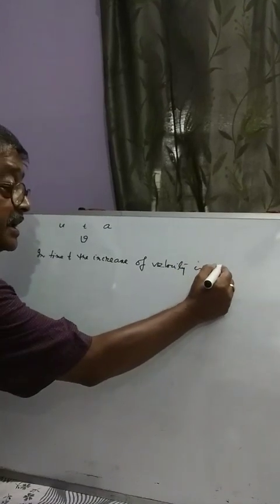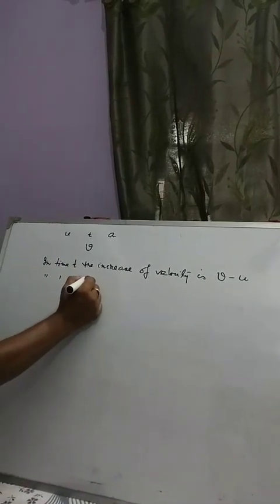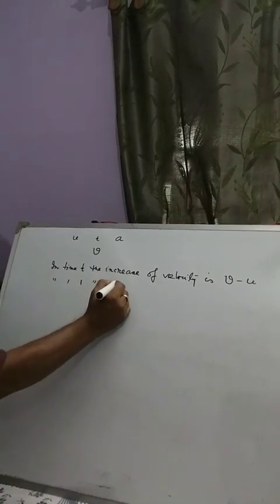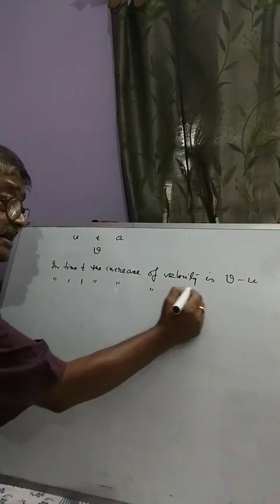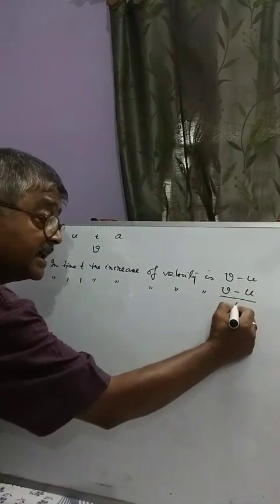That means in unit time the increase of velocity is (v minus u) by t.